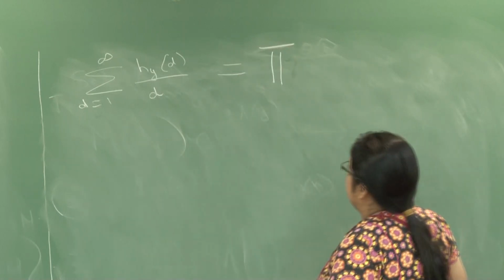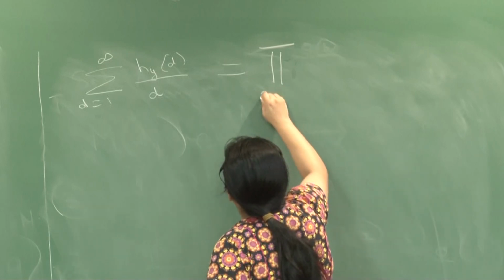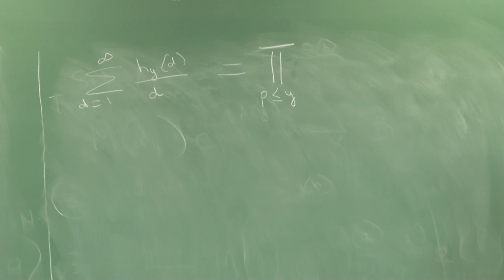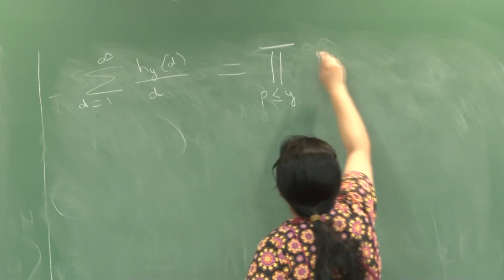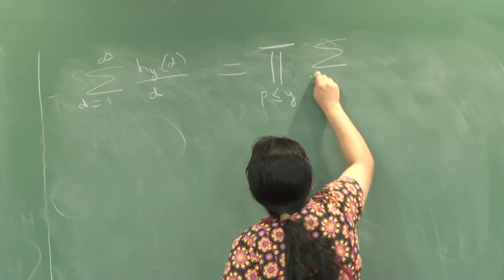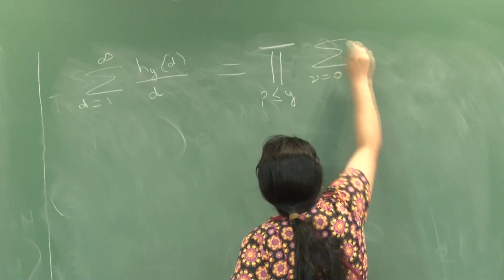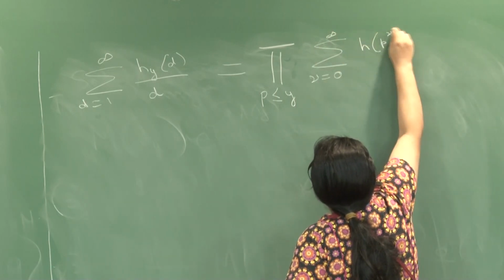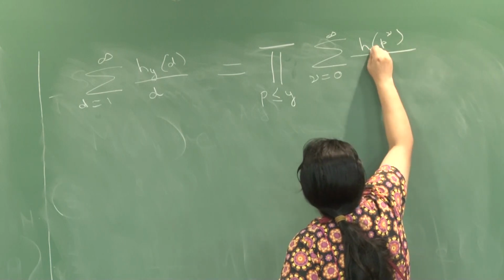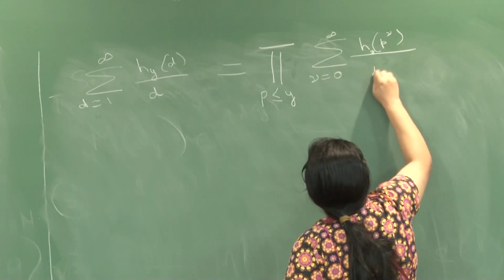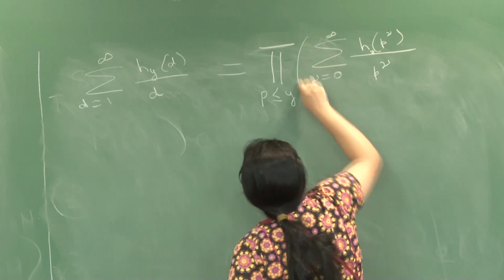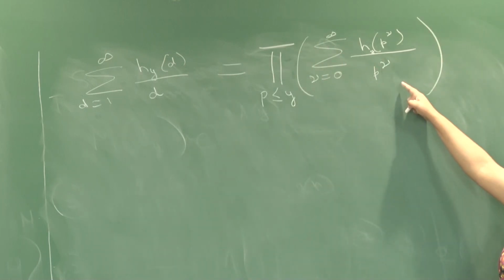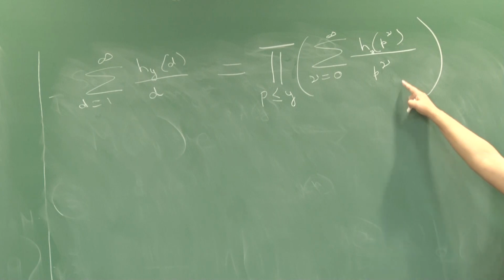You have to write this as product of p up to y, and what do you have? Nu going from 0 to infinity h sub y of p raised to the nu over p raised to the nu. Now, you see the right hand side converges absolutely. You can show that.